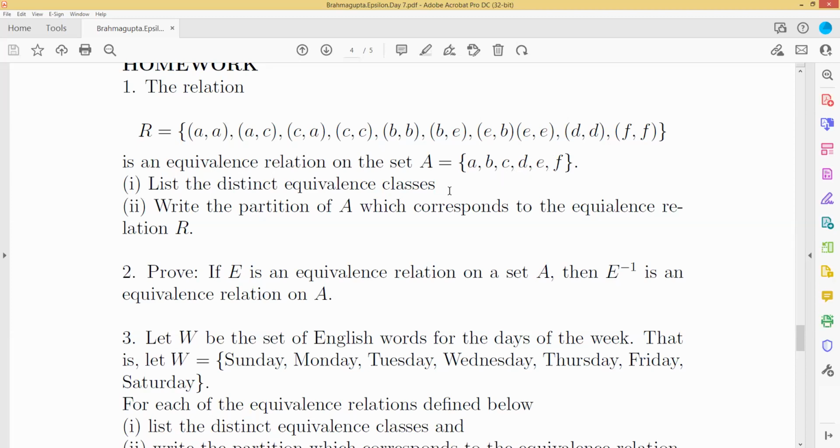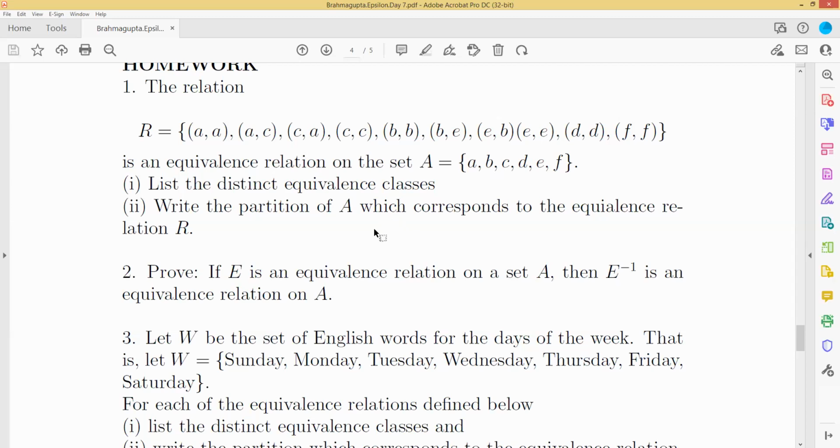Now, the partition of A which corresponds to this equivalence relation is a family.